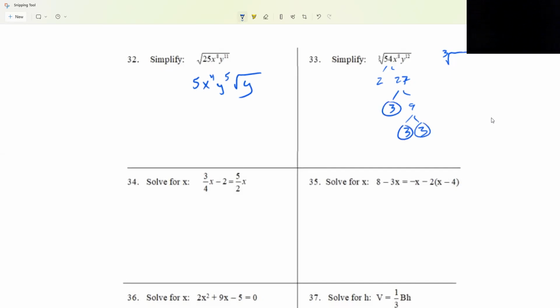So I know that I can bring 1 out, and that's going to leave the 2 on the inside. Then 3 goes into 8 twice with 2 left over. And 3 goes into 12 4 times with none left over.